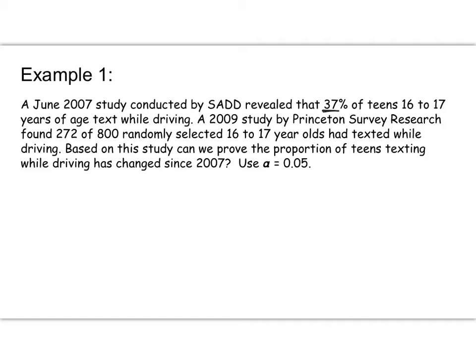A 2009 study by Princeton Survey Research found that 272 of 800 randomly selected 16 to 17-year-olds had texted while driving. Based on this study, can we prove that the proportion of teens texting while driving has changed since 2007? And our alpha is 0.05.